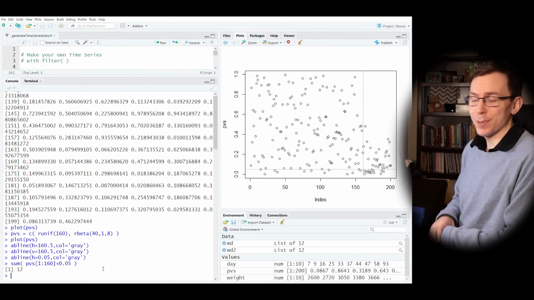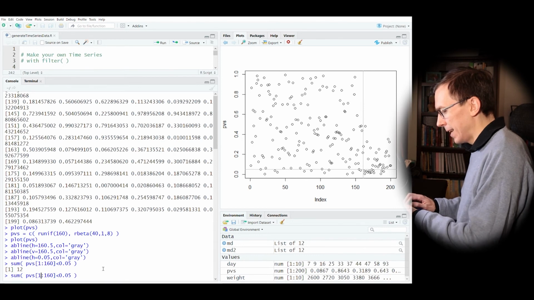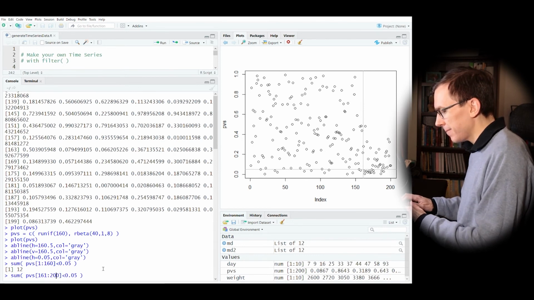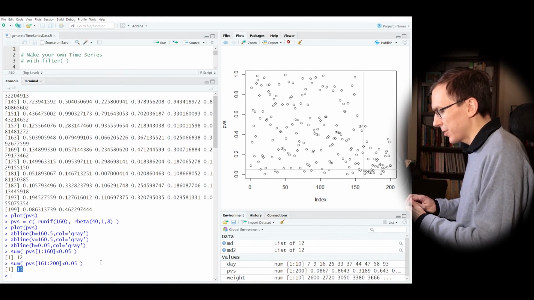So I only got 12 false rejections. That's not so bad. Or yeah, false positives. Whereas for my other case, I get 13 true rejections. So overall, it looks like I have 25 rejections.